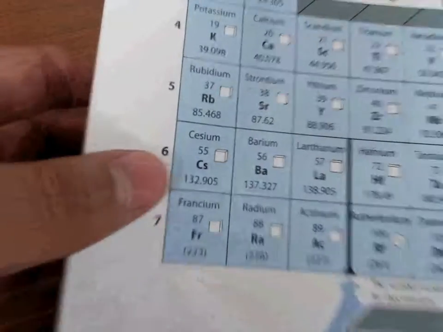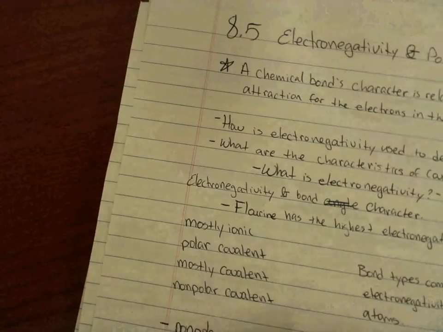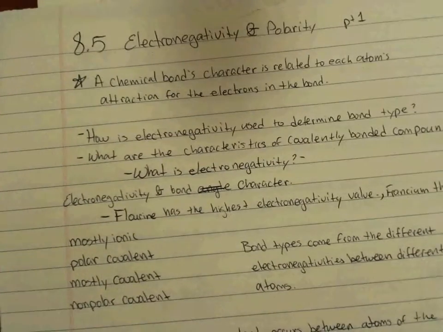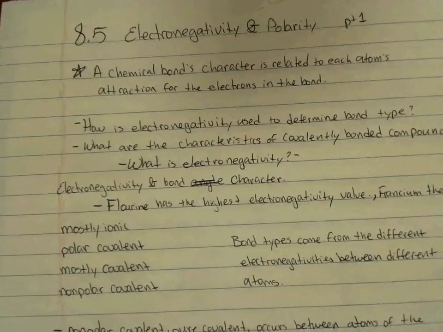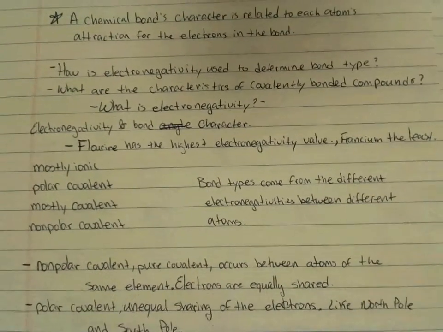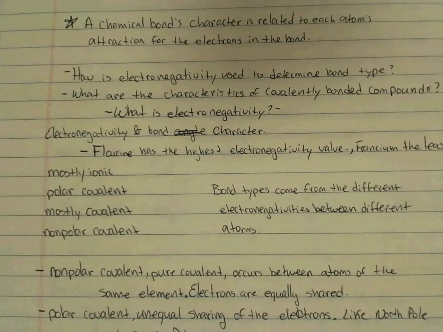So here we are talking about electronegativity and ionization energy. We can go back some chapters to review that. So we're talking about how much an atom wants to attract electrons and keep them.